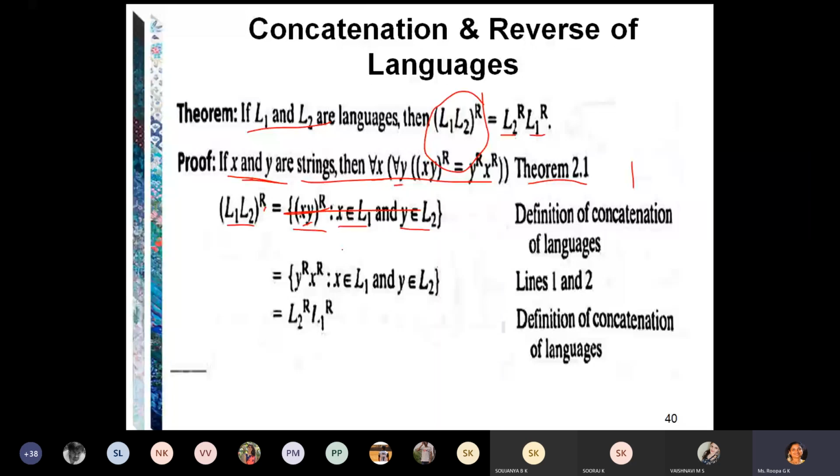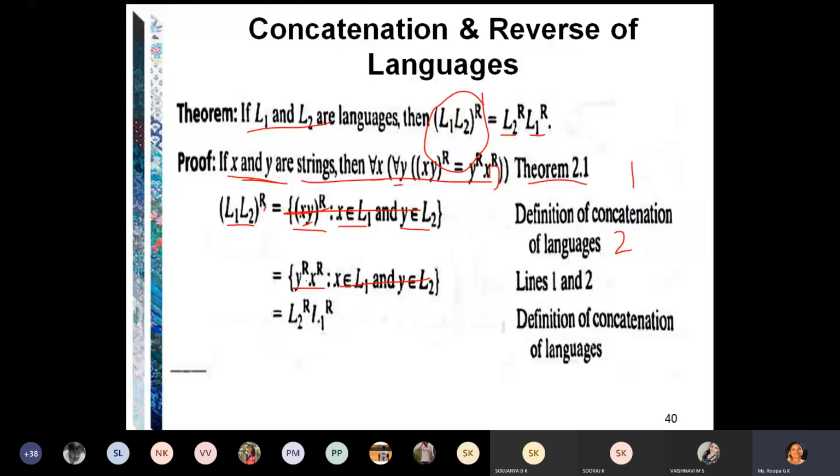What is (XY) reverse? It is nothing but Y reverse and X reverse. So we write Y reverse, X reverse, where X belongs to L1 and Y belongs to L2. Line 1 is the theorem and line 2 is the definition. This is line 2.